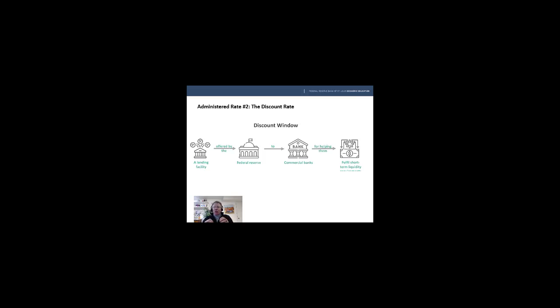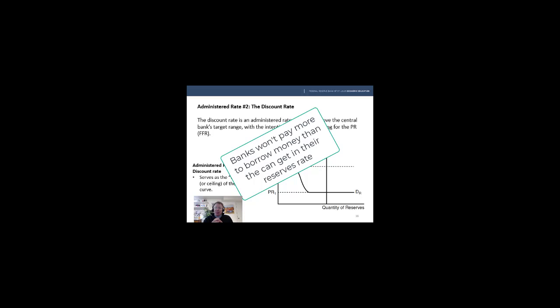When banks take loans from the central bank, they pay an interest rate called the discount rate. Because banks have access to funds from the central bank at the discount rate, they should not be willing to pay a higher interest rate to borrow the money somewhere else, including the reserves market, because this sets a maximum rate that banks should be willing to pay for funds.